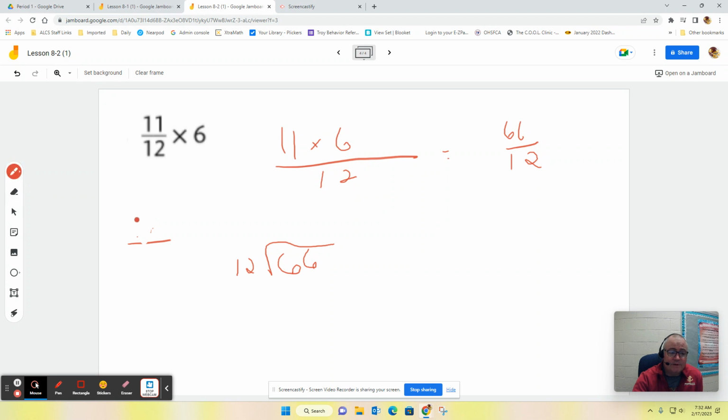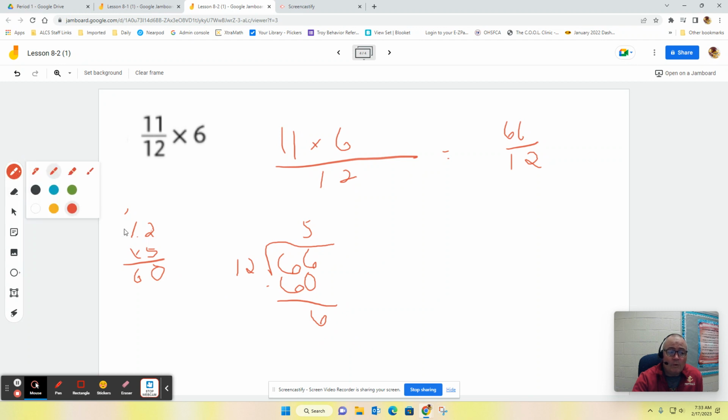And again, I'm writing with my mouse, so just bear with me here. 12 times 5. Well, 5 times 2 is 10. 5 times 1 is 5. So that gets me to 60. So if I put a 5 up here and a 60 down here, now when I do my subtraction, I get 66 minus 60, which is 6.